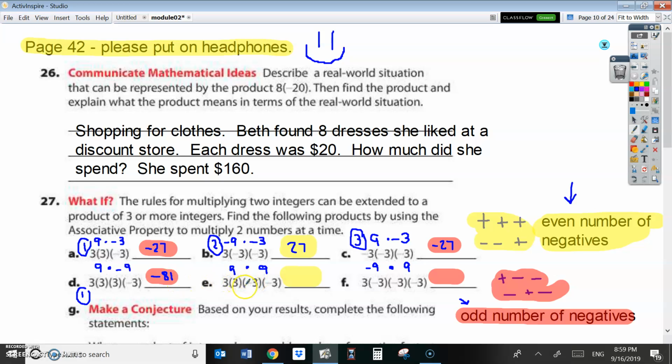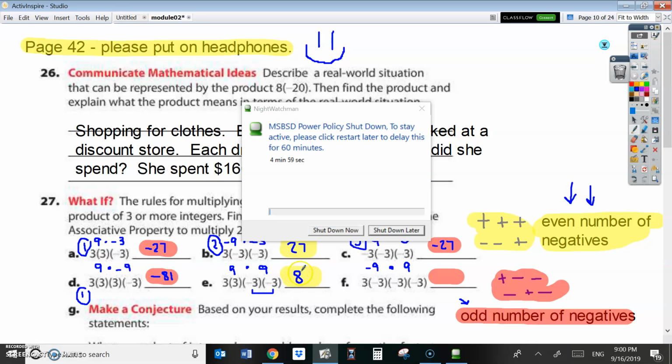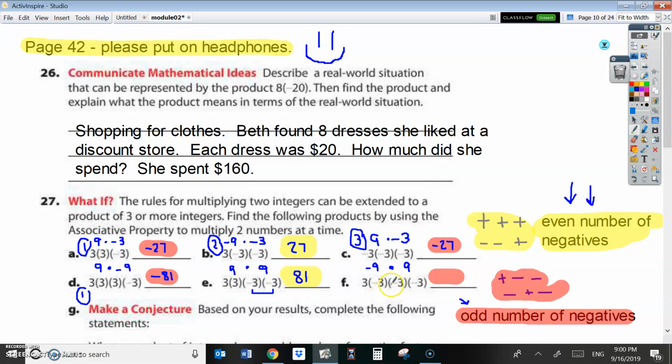And then you have 2 negatives here. These 2 negatives cancel. You get an even number of negatives again, and that gives you 81. And then here you have 1, 2, 3 negatives. 3 is odd, so you know it's going to be negative here, negative 81.